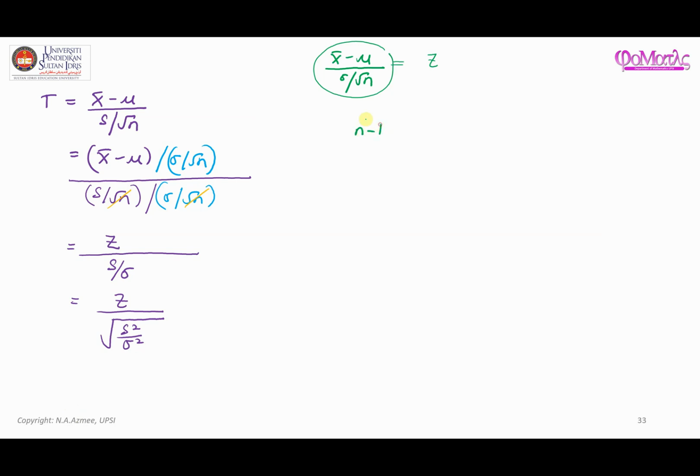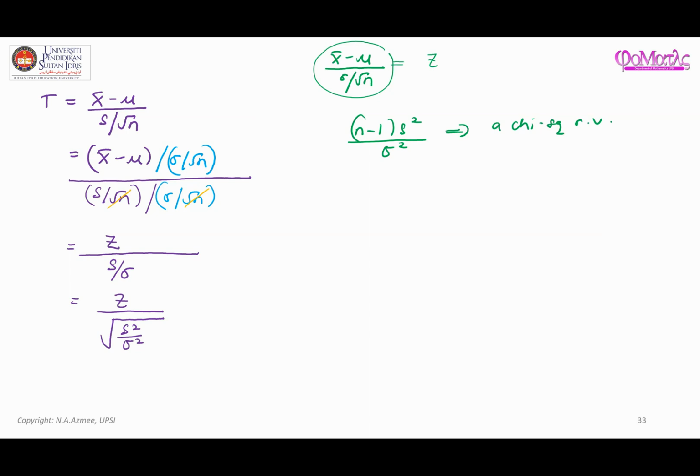When you have n minus 1, s squared over sigma squared, this one here is a chi-square random variable, and therefore it will have a chi-square distribution.